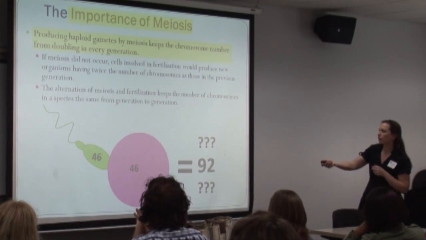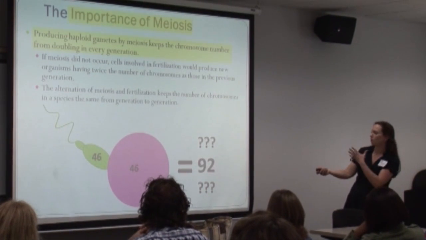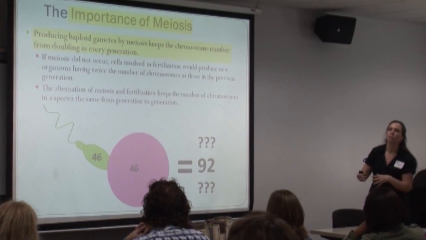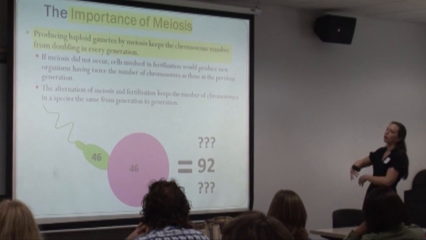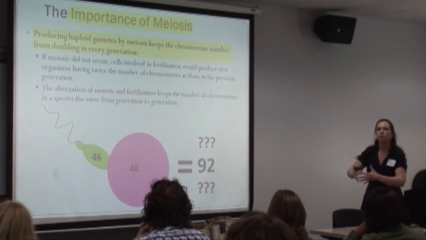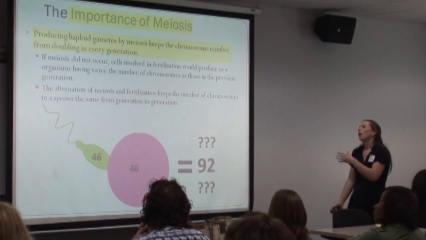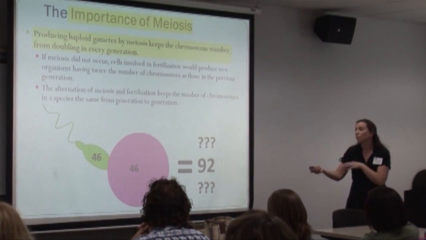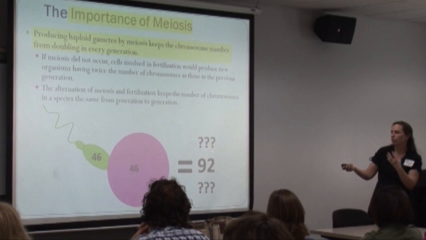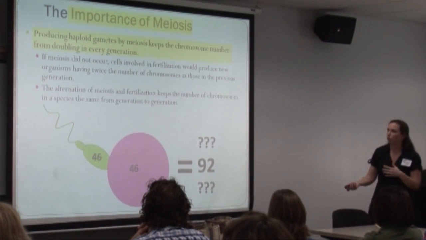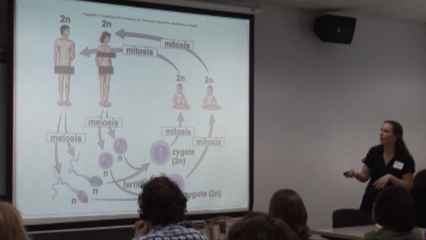And if an organism with 92 chromosomes had to mate with another organism with 92 chromosomes, you'd end up with an organism with 184 chromosomes, and it would be a never-ending process, and that would be a little excessive. So, meiosis and mitosis.